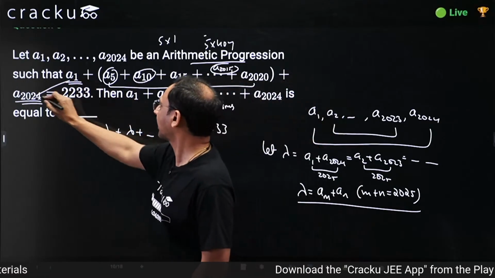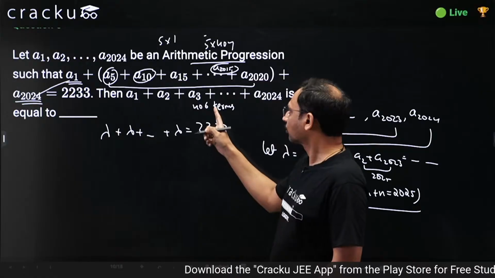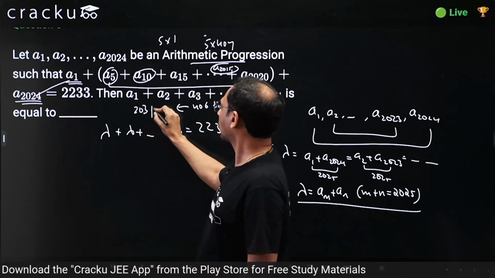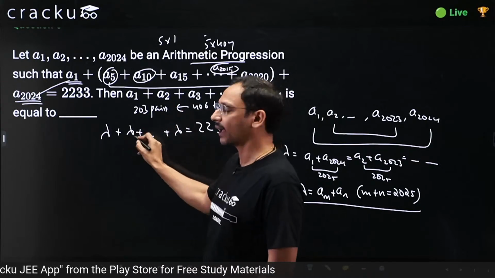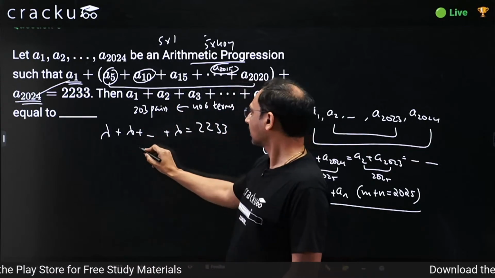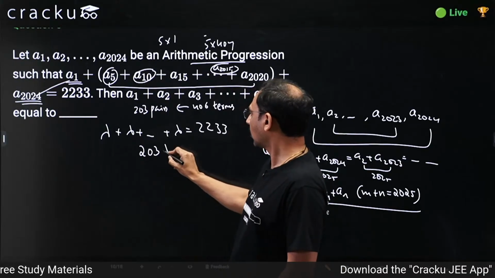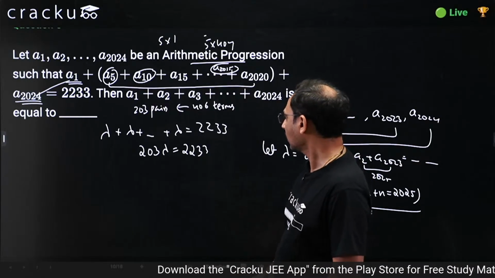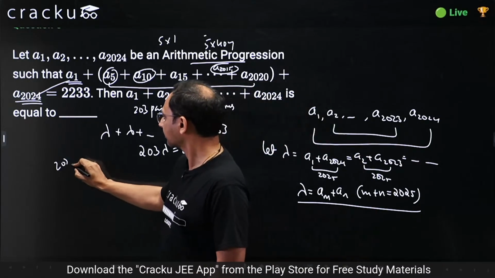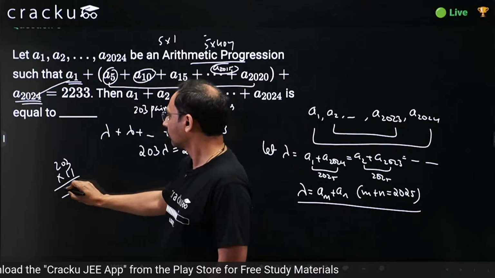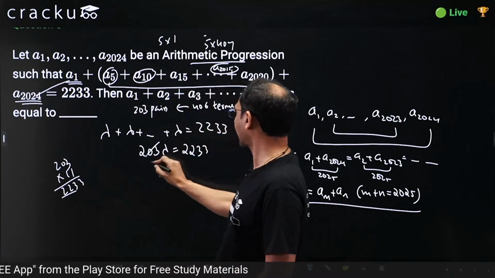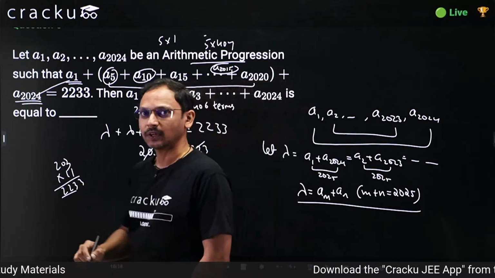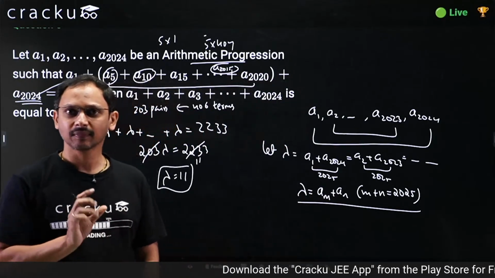This is one pair, this is one pair, and so on. So 406 terms will reduce to 203 pairs, half of it. So I have 203 lambdas here. This reduces to 203 lambda equal to 2233. Now 203 into 11 gives me 2233, so we get lambda equal to 11. That symmetric sum we are talking about is 11.